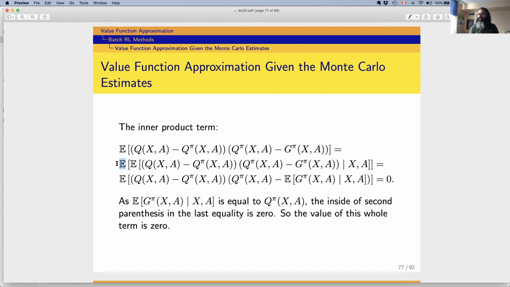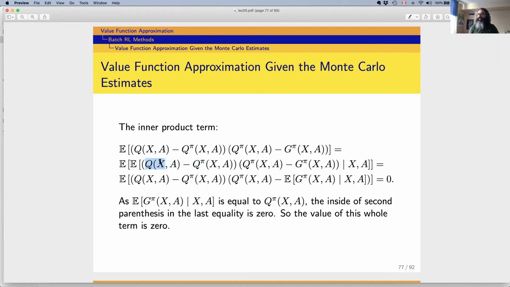The outside expectation is with respect to the randomness in x and a.